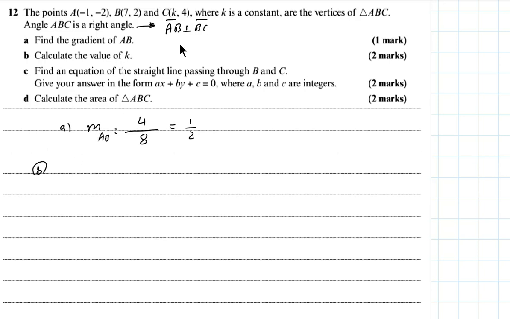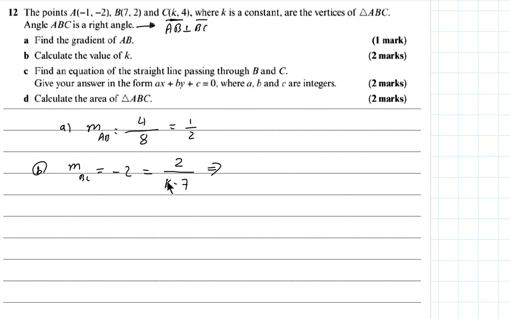B, calculate the value of k. Very good. Now we have the gradient of AB, right? What about the gradient of BC? According to this information, of course, it will be -2. So use this to find the value of k. Now the gradient of BC is known, and also we have the coordinates of C and B. So we can say 4 minus 2 to be 2, and then k - 7 is also -2.